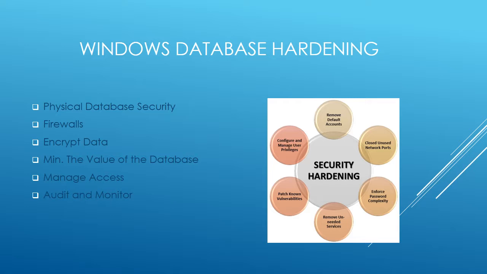First thing you want to do when you're hardening a database, whether it's Windows or Linux, is ensure the physical database itself is in a secured room, a locked environment with access control, so you can keep unauthorized people away from the server itself.